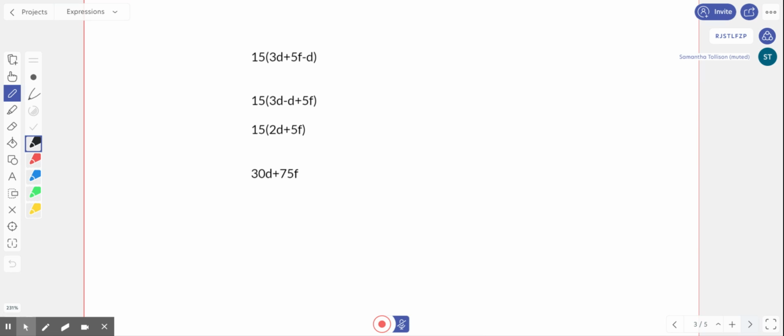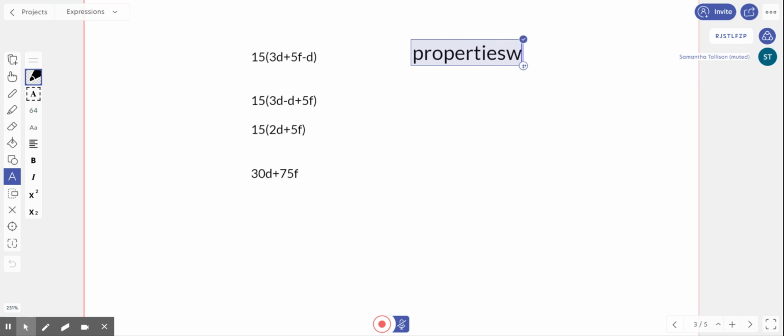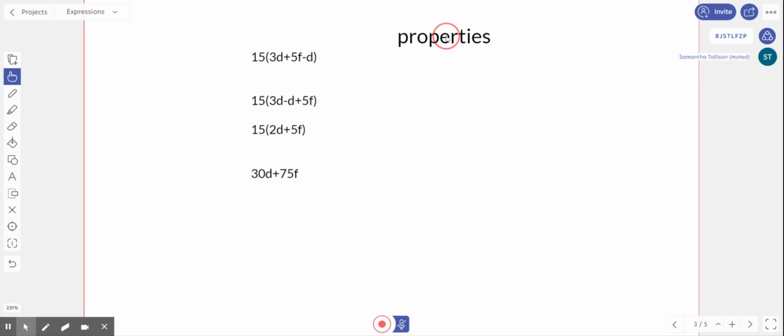Okay, so this is another type of example that you will see. This is talking about the different types of properties here. Understanding that these are something that you have learned. This is a lot of times we forget. And you do have a question like this on your EdSite. So the initial question is 15. I want to know what properties allow me to simplify this expression.